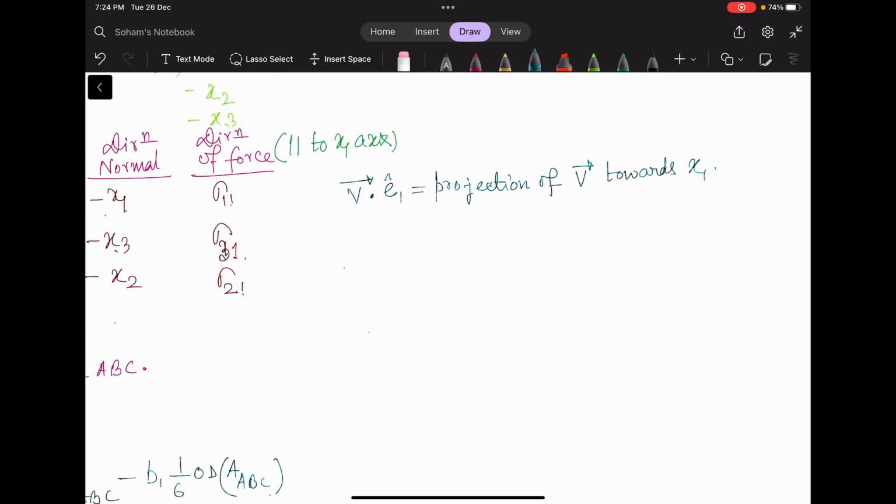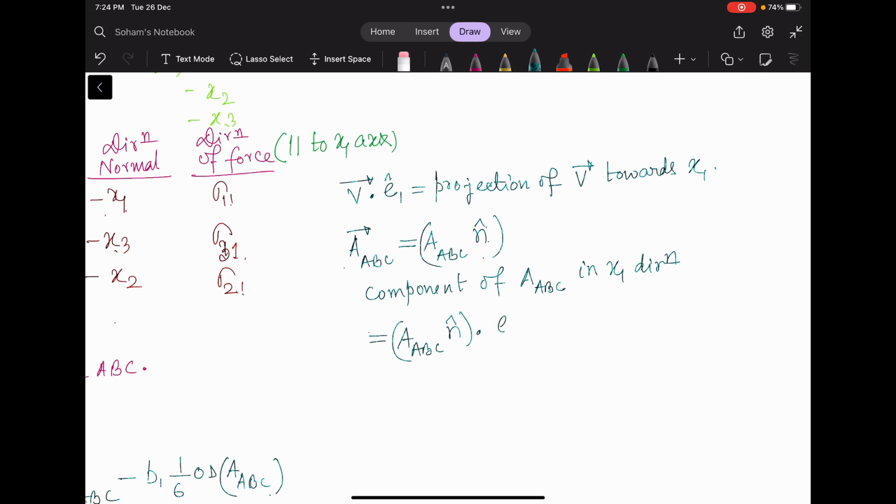x1, right? Similarly, if I have this area ABC, it will be given by the magnitude into the surface normal, right? Now if I have to project this area onto the x1 direction, then I will have the component of area ABC in x1 direction, so that is equal to area ABC, this area vector, dot e1.